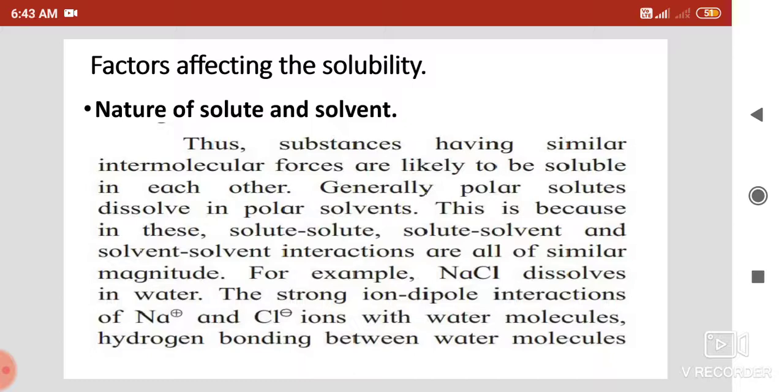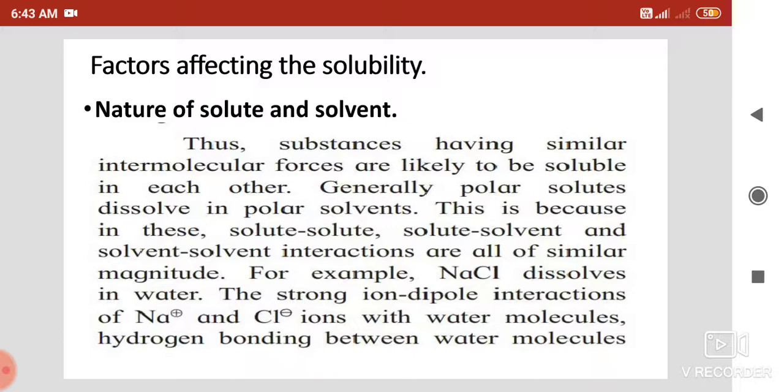This is because solute-solute, solute-solvent, and solvent-solvent interactions are all of similar magnitude. For example, sodium chloride dissolves in water. The strong ion-dipole interaction of Na+ and Cl- ions with the water molecules, also hydrogen bonding between the water molecules, and even ion-ion interactions take place.